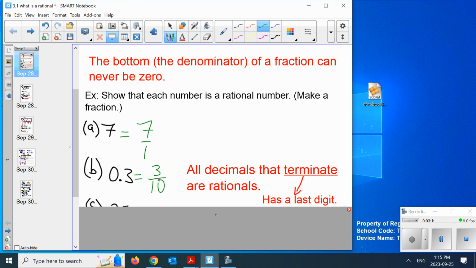That's 3/10. If it was ending in the hundredths position, like 0.35, that's 35 out of 100, 35 hundredths. If it was 0.007, as a fraction, what is it? 7 out of what position is that in? Thousandths, so out of 1,000.